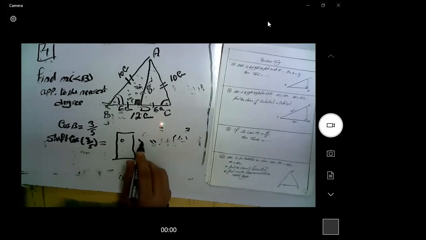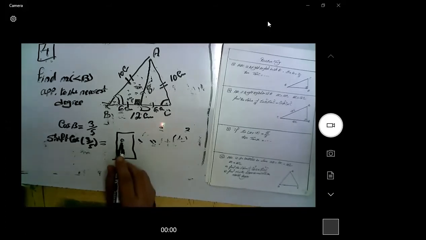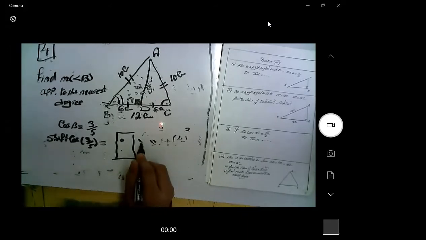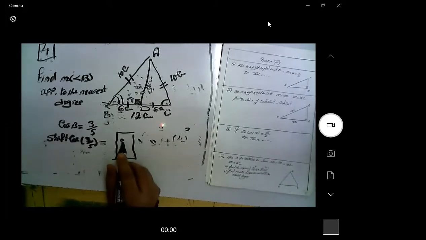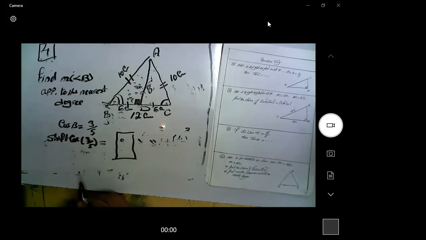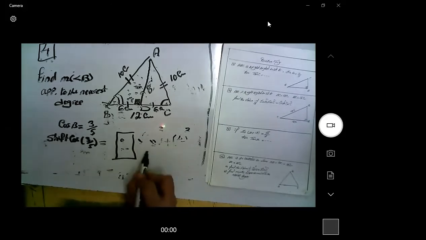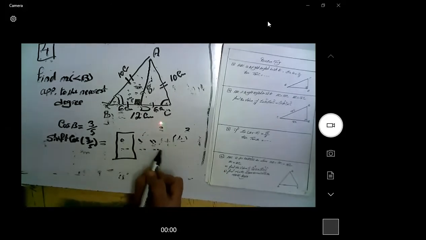If the minutes are 30 or more than 30, degrees increases by 1. But if the minutes are less than 30, then degrees remain as they are. So by using shift cosine 3/5, you will have the angle in degrees, minutes, seconds.